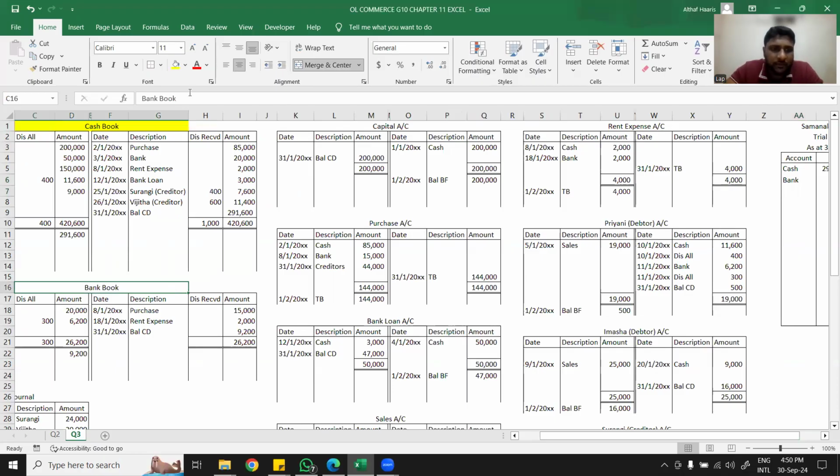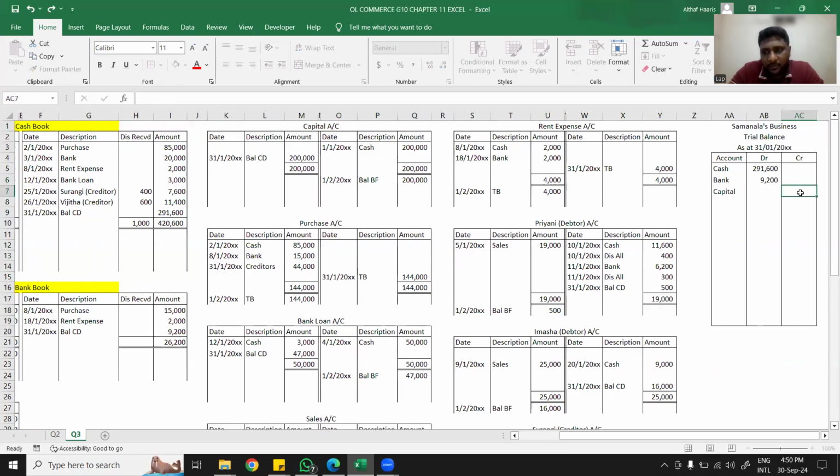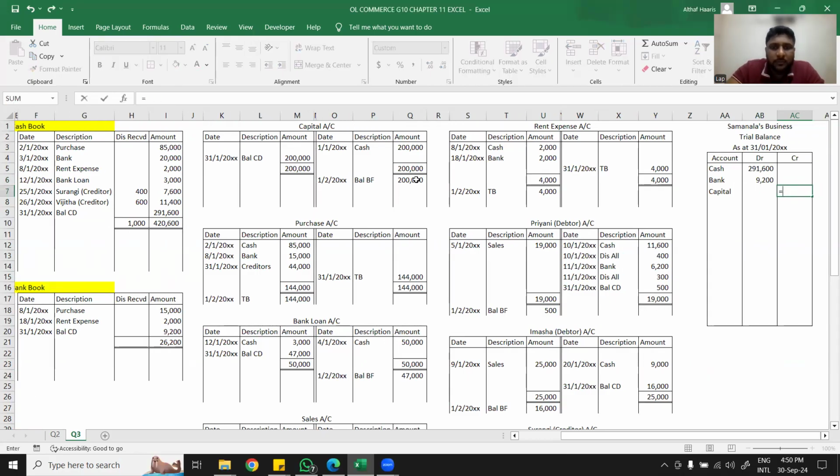That is also done. Then we can move to capital. Capital here, after the double line you have in the credit side. Capital 200,000. That is also done.